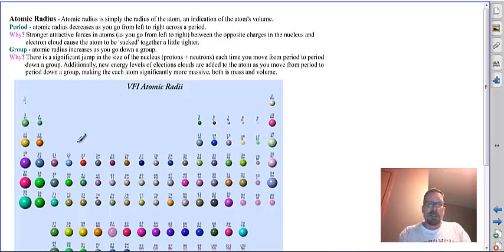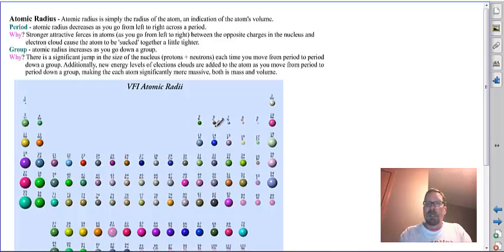Getting smaller as I go left to right, or larger as I go right to left, doesn't necessarily make so much sense, because if I am going this way across the period, across the row, I am adding in more electrons. So I'm adding in more electrons here and I'm getting larger, but I'm adding more electrons here and I'm going smaller. Well, remember, in a row, everything is in the same energy level, filling in its s and p, or in this case d orbitals if I was in the 3d orbital and stuff like that.